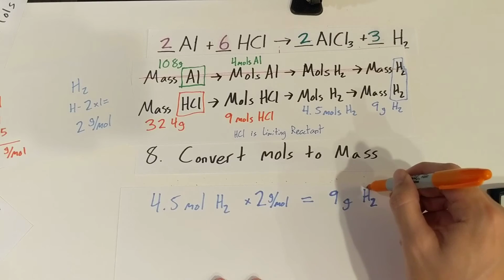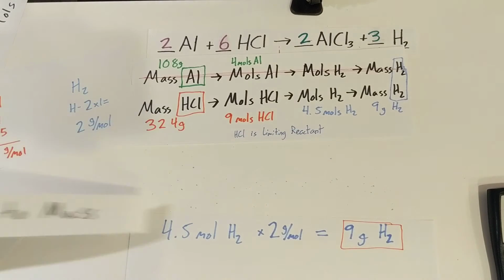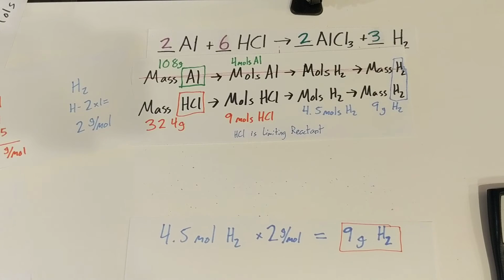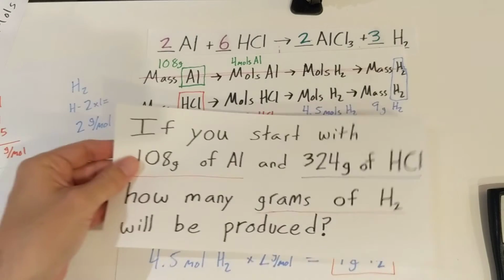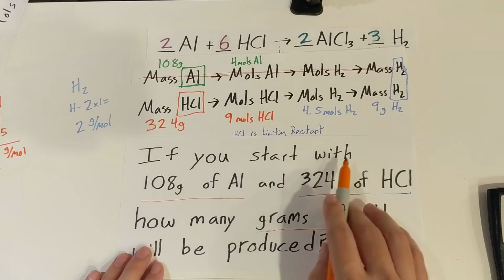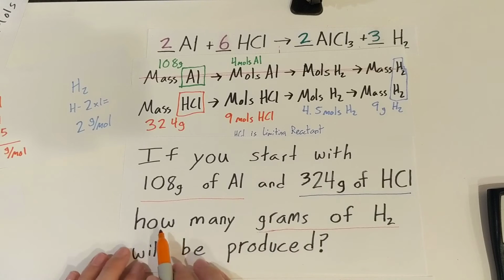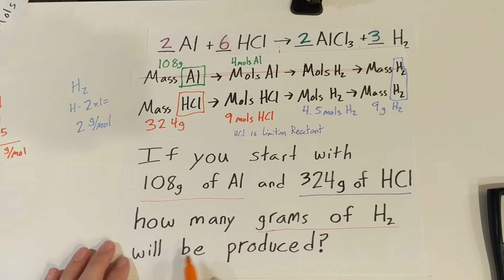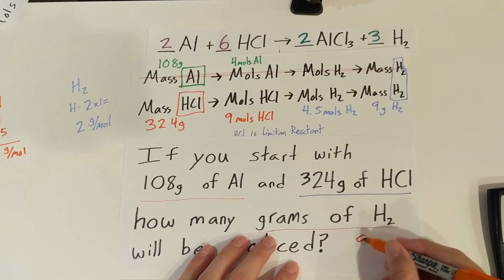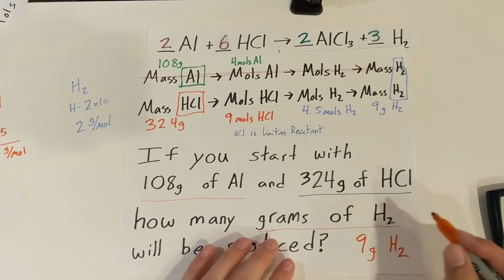Right there. So let's look back. We've done all of our steps here. Let's take a look back and see how it relates with our question. If you start with 108 grams of aluminum and 324 grams of HCl, how many grams of H2 will be produced? 9 grams of H2.